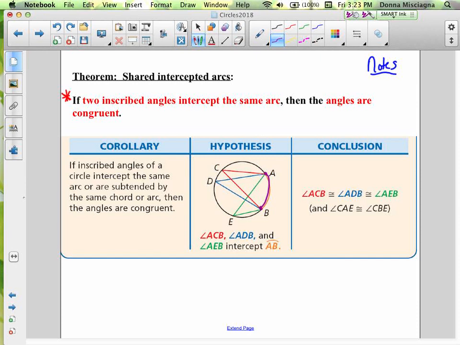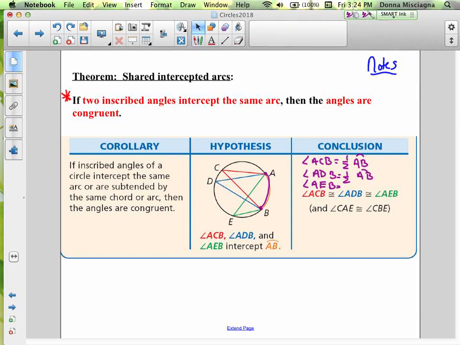So we know that angle ACB is half of arc AB. You can add this to your notes. And angle ADB is half of arc AB, and so is angle AEB.